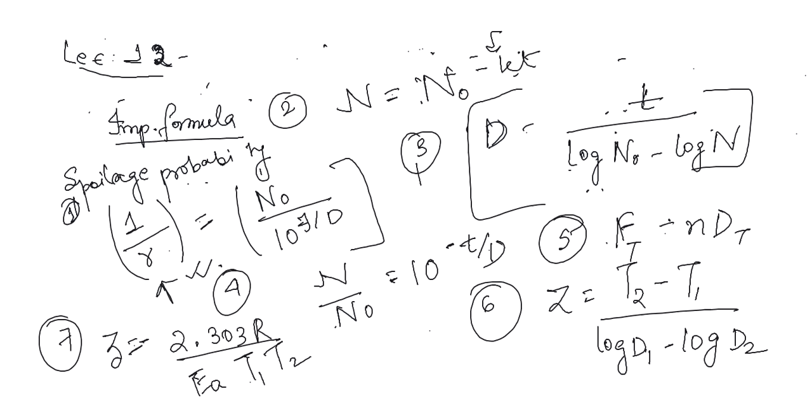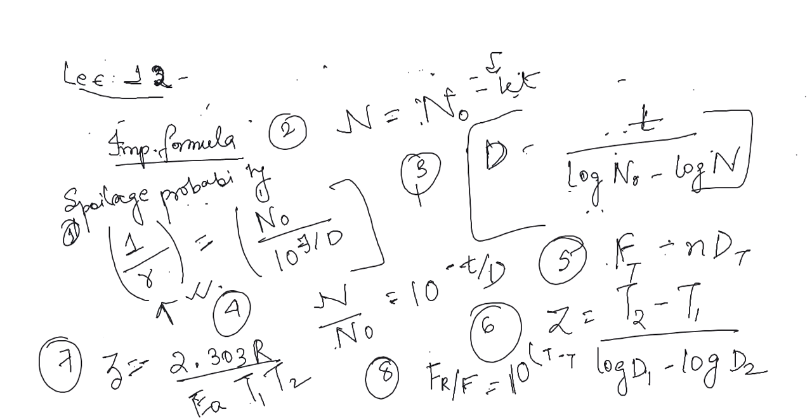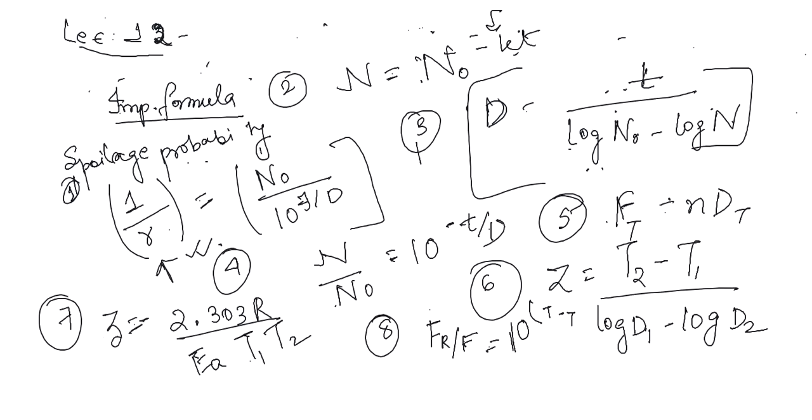Okay, then one more formula, that is the eighth one, is F by F, ten to the power minus 3R by Z.